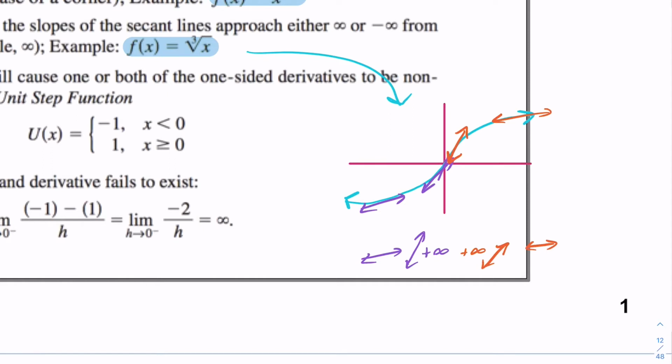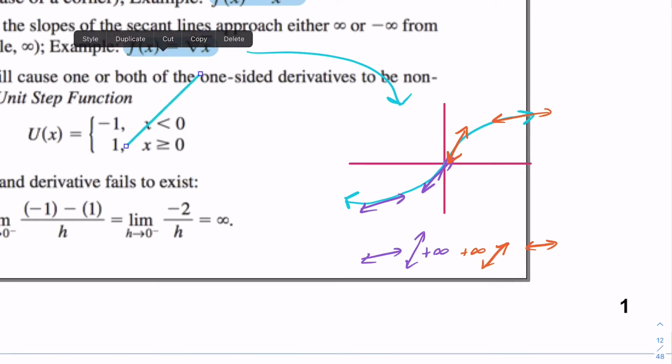This line is going positive as it gets closer here to positive infinity. And from this side, it's going to, again, positive infinity. So they're matching.